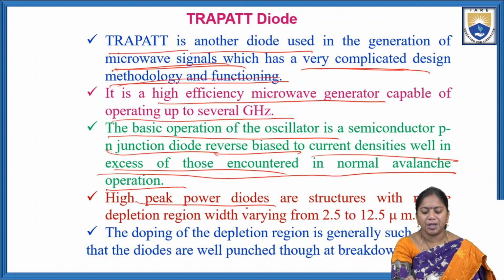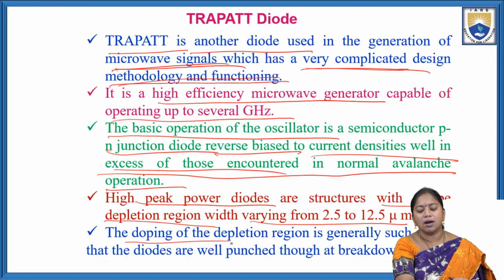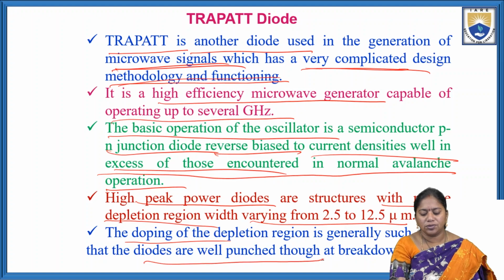High peak power diodes are structures with an n-type depletion region width varying from 2.5 to 12.5 micrometers. The doping of the depletion region is generally such that the diodes are well punched through at the breakdown.